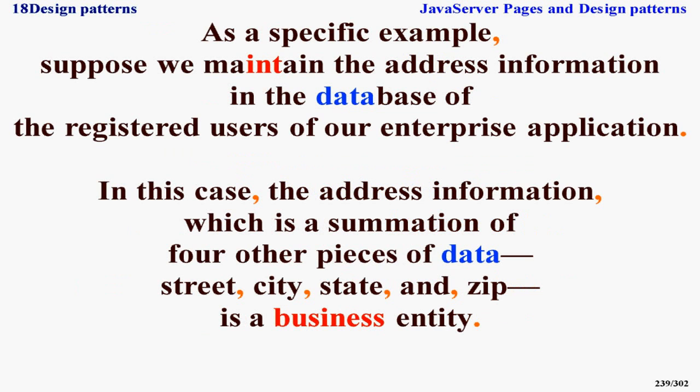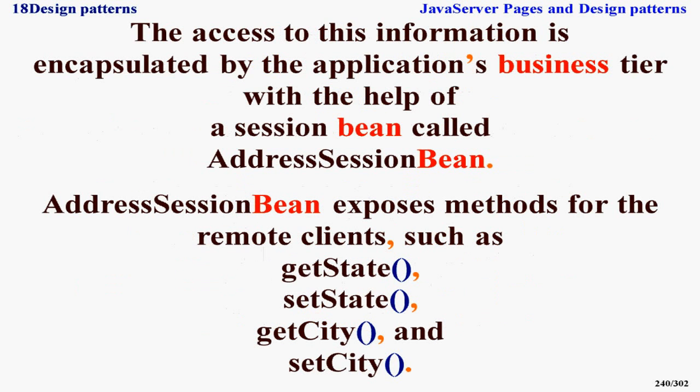As a specific example, suppose we maintain the address information in the database of the registered users of our enterprise application. In this case, the address information, which is a summation of 4 other pieces of data: street, city, state, and zip, is a business entity. The access to this information is encapsulated by the application's business tier with the help of a session bean called address session bean.